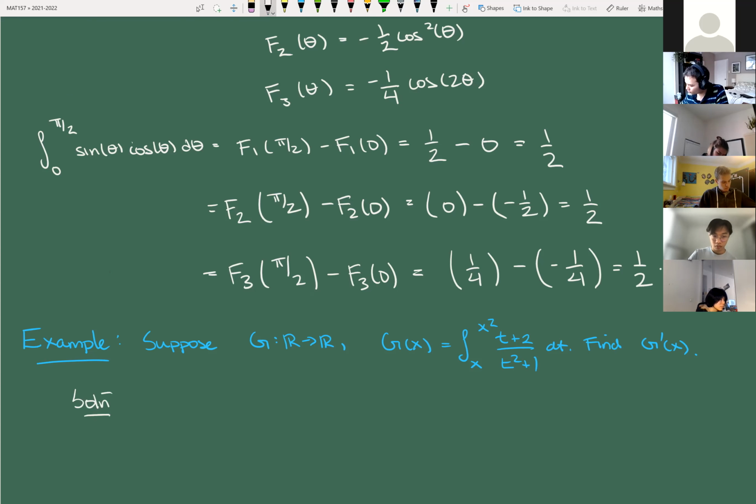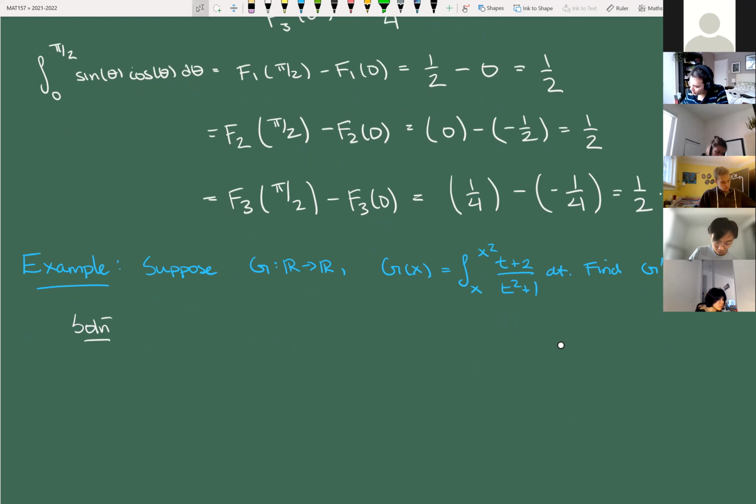The problem here is that in order to differentiate the integral, which is what FTC1 tells us, the lower bound of integration has to be a constant and the upper bound of integration just has to be an x. Here I'm in trouble because the lower bound is an x and the upper bound is x squared. So we've got to reduce this into a simpler problem.